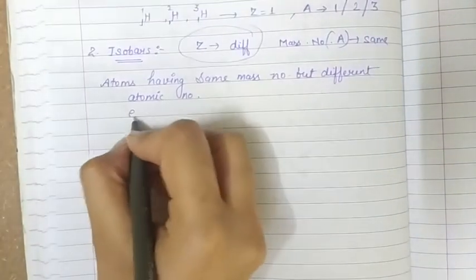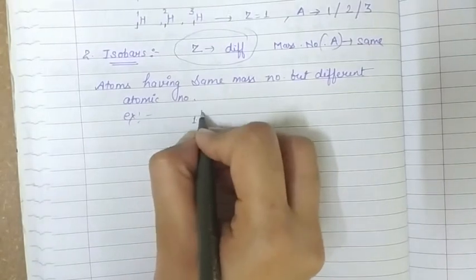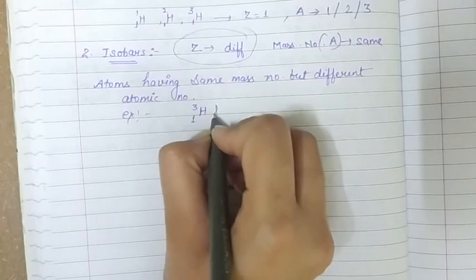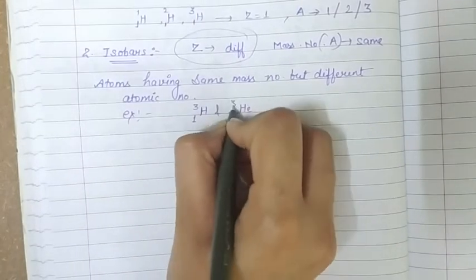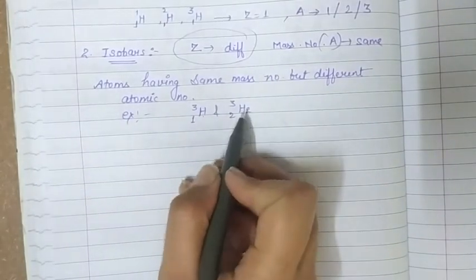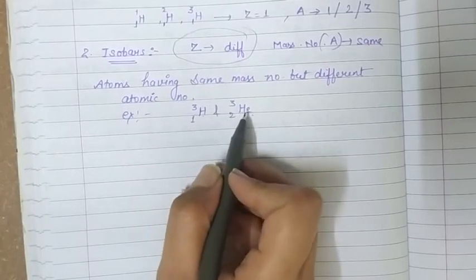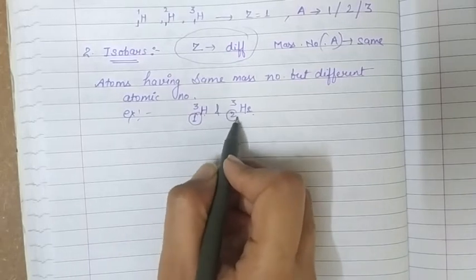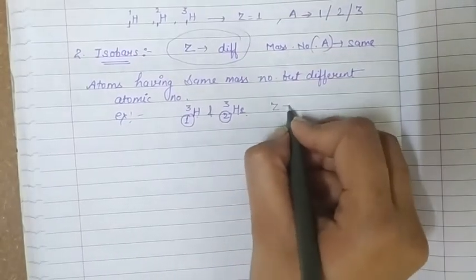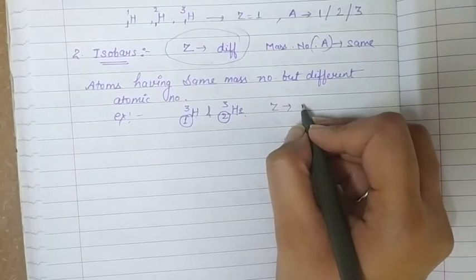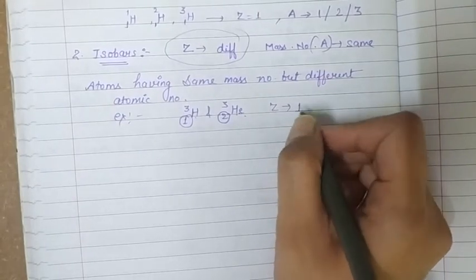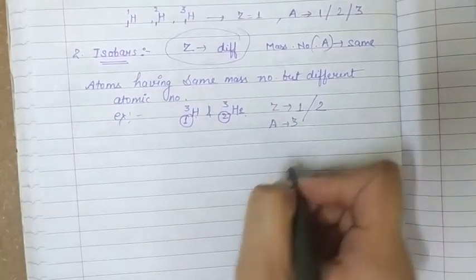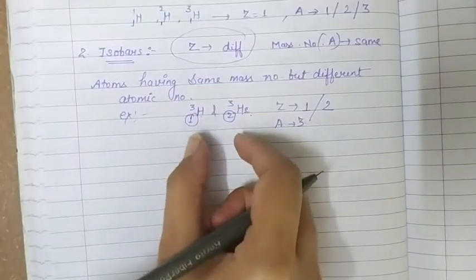For example, we can take 1H3 and 2He3. Here, hydrogen and helium are atoms of different elements, and their atomic numbers Z are different, for the first it is 1 and for the second it is 2, but their mass number is 3 in both cases. So these two are isobars.